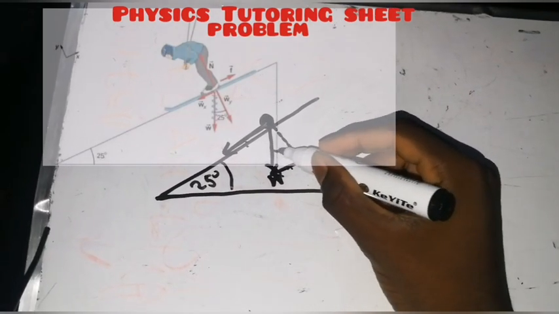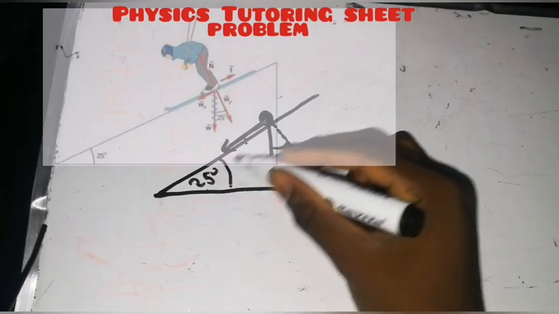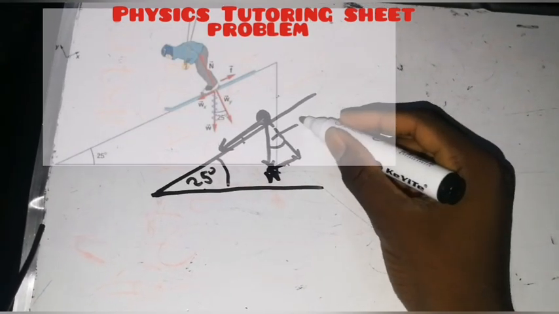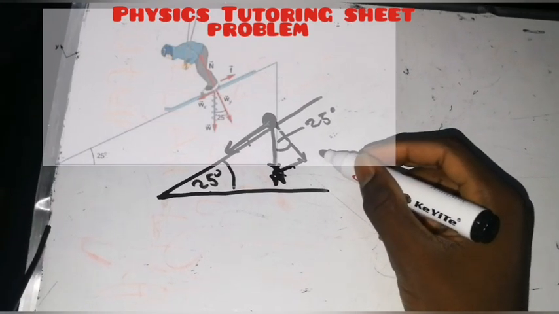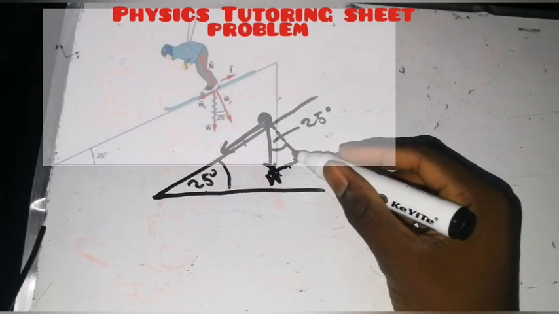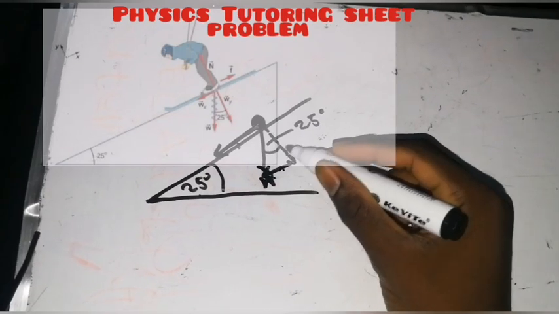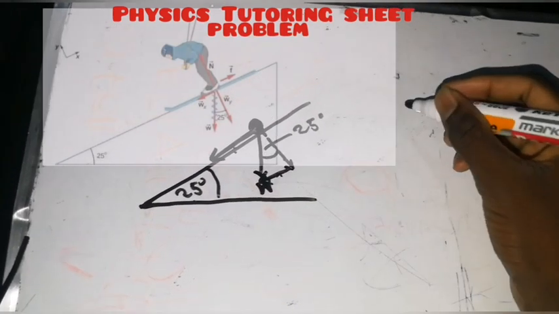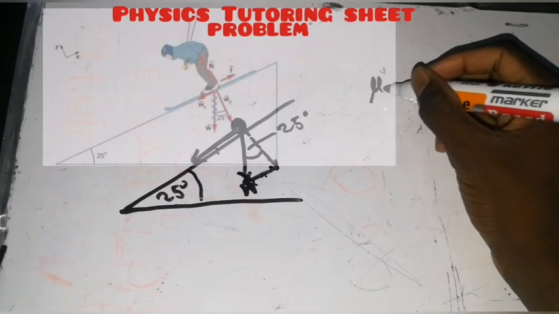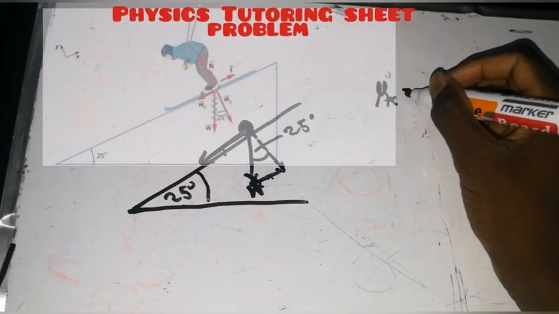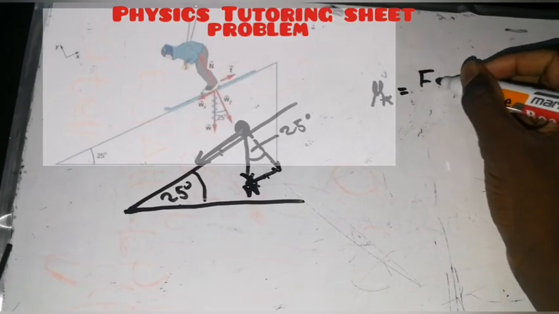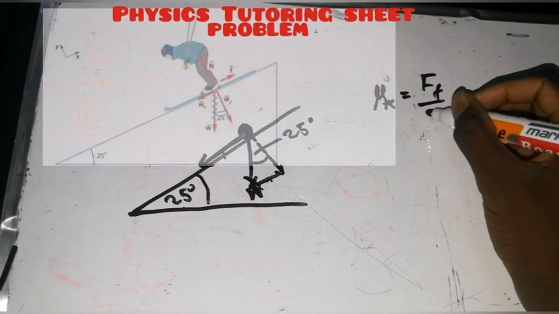Since we already have the angle here, which is the same as the one here, 25 degrees, we can use some trigonometry to solve for these components. But what the question is asking us to find is the coefficient of kinetic friction, which is equal to the frictional force over the normal force.